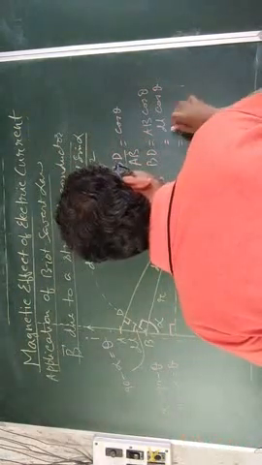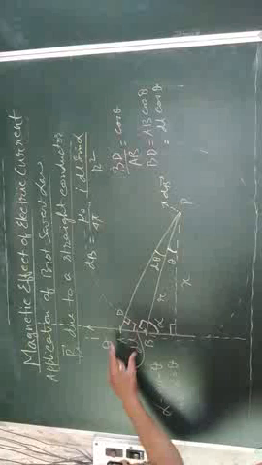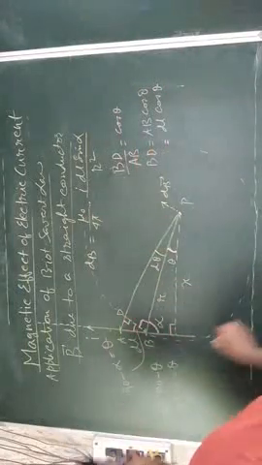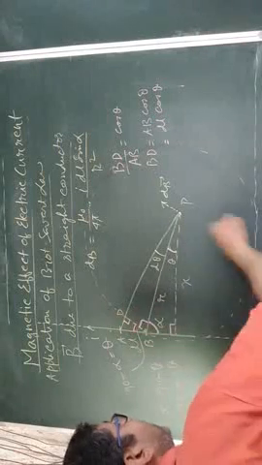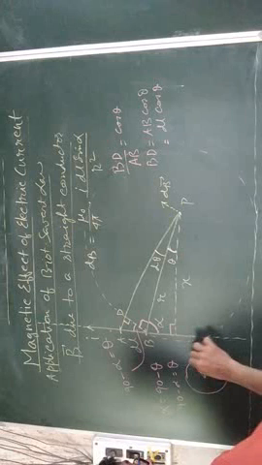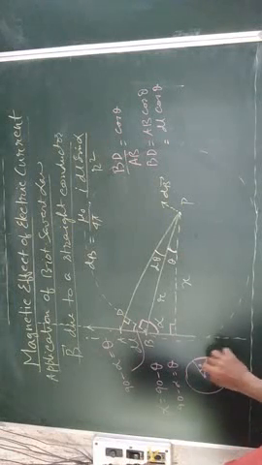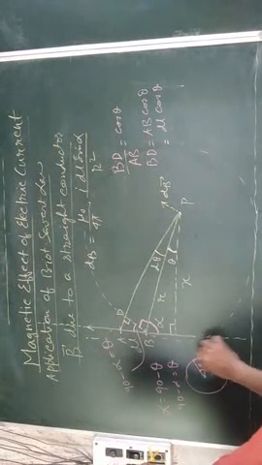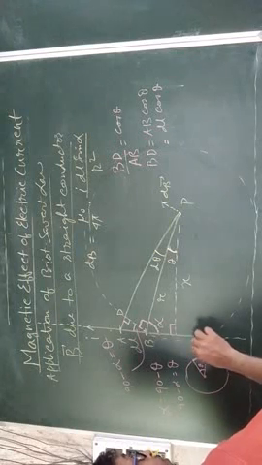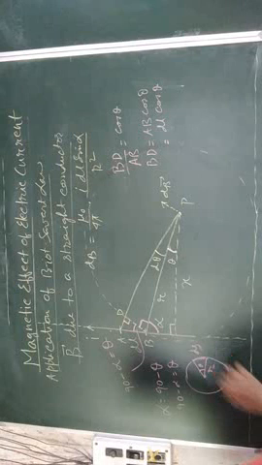Now, previously in circular motion, we have learned that in a circle, what is the relation between this angle, this part of the circumference or arc, suppose ds, and this radius?